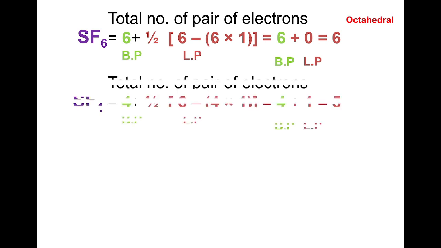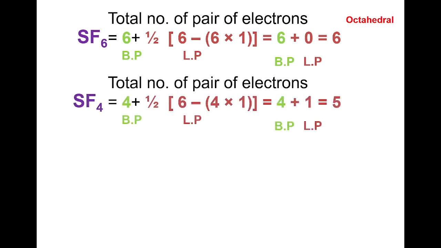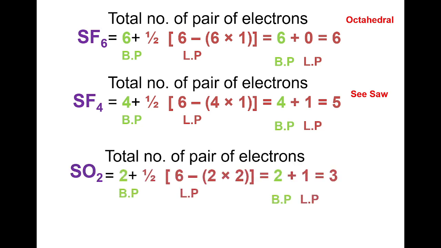Then we look at the shape of SF4. We get 4 bond pair, 1 lone pair, that is 5. So the shape will be seesaw, for 4 bond pair and 1 lone pair of electrons.